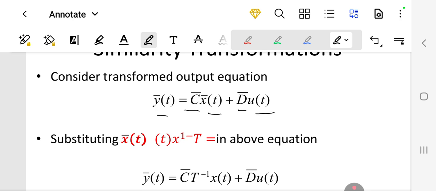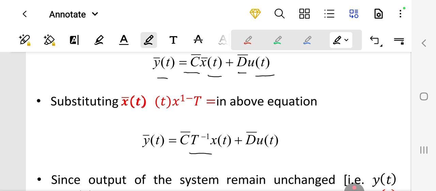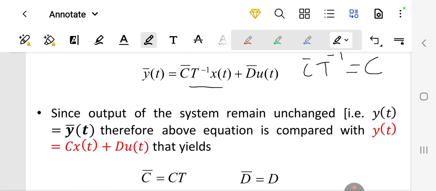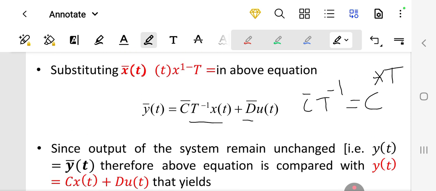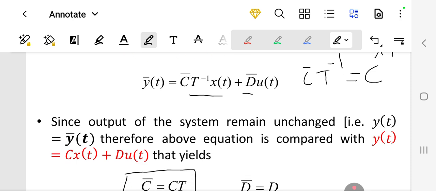We can substitute x hat by T inverse x. Then C hat T inverse equals the C matrix. Therefore, multiplying both sides by T from the right, we obtain C hat equals CT, and D hat will be equal to D.